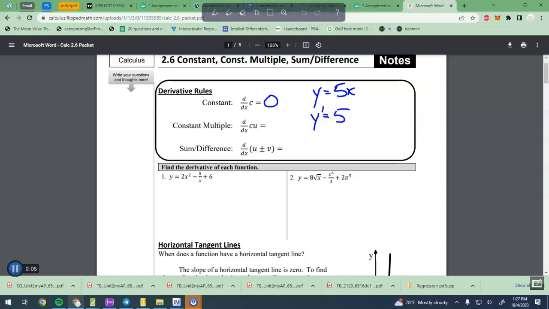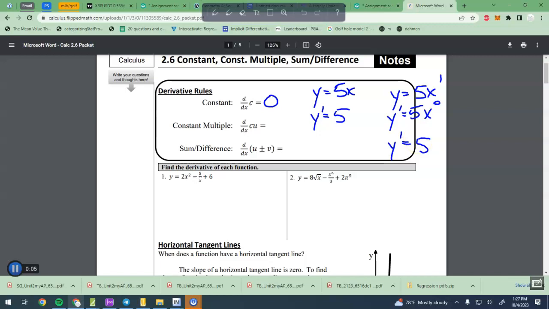Or, if you prefer, this is like 5x to the first. So following the rule, you bring down the 1, multiply by the 5, which is 5. You got your x, and then reduce the power by 1. But then what's anything to the 0 power? 1. So you get 5 either way, whether you think about it graphically or algebraically.